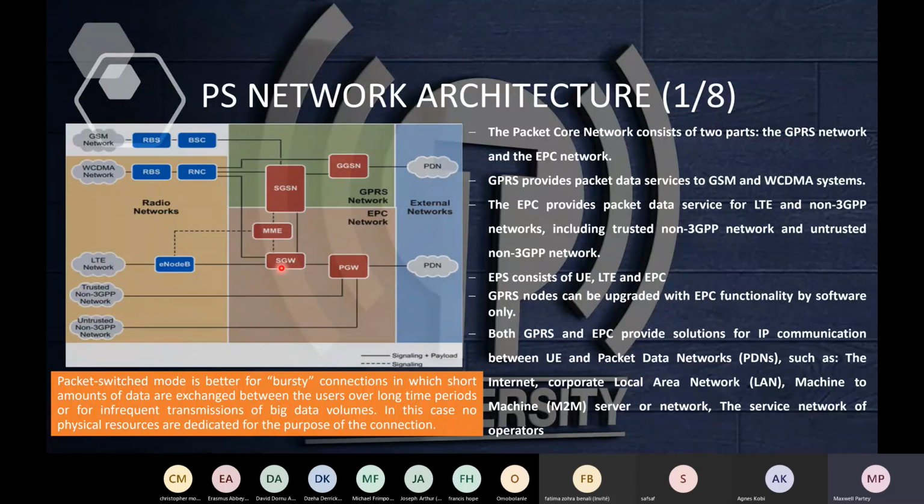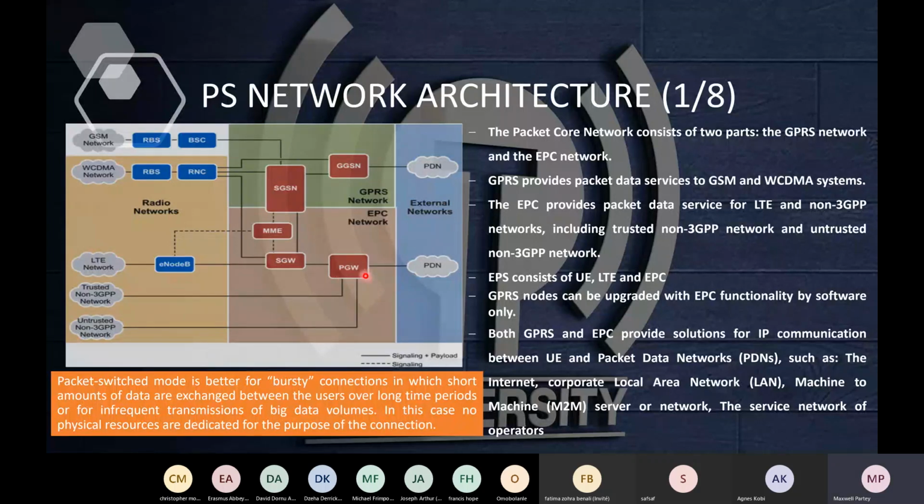But because the SGW and the PGW are both traffic handling nodes, most vendors have put these two nodes together as one node. These two nodes, the SGW and the PGW, which we'll learn about in the next slide, are both handling packets.